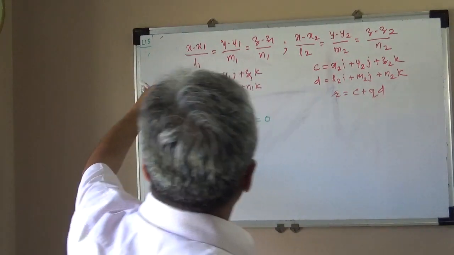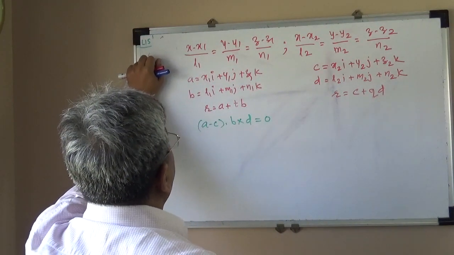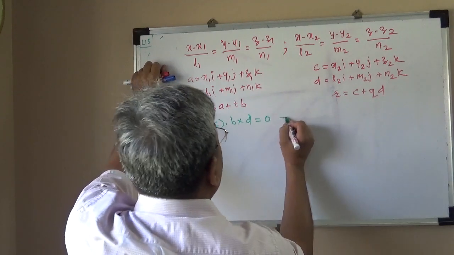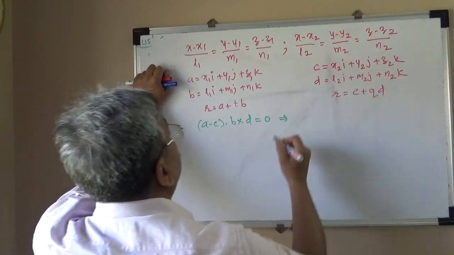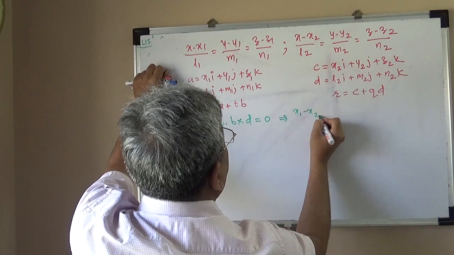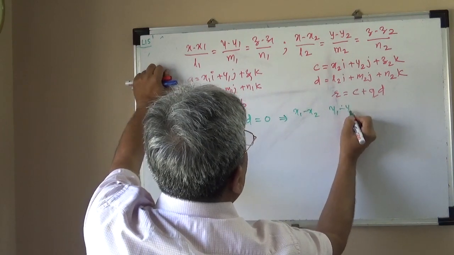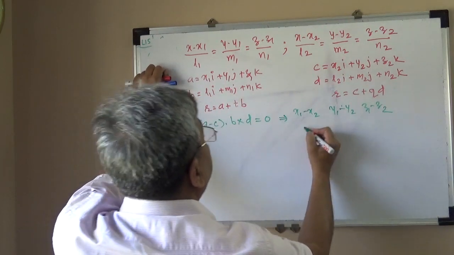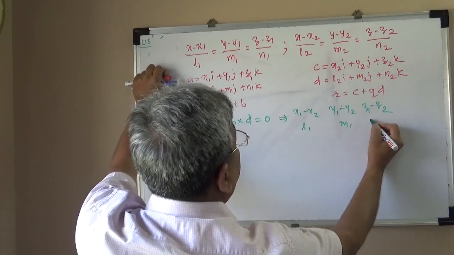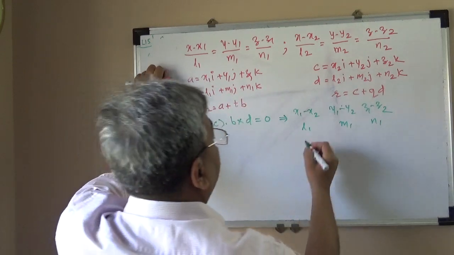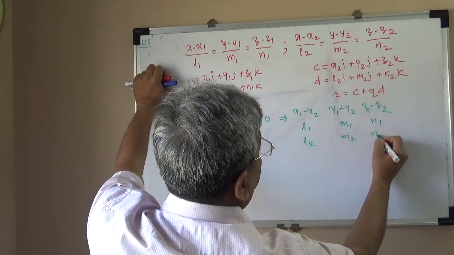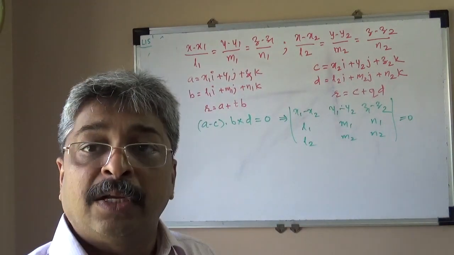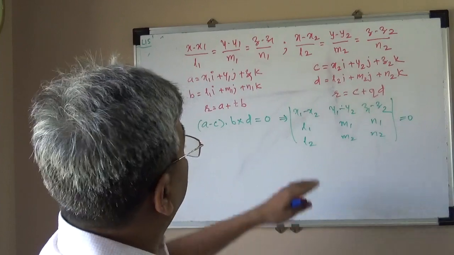So if we want to exploit this condition, then what do we write? The corresponding 3D equation will be the determinant with rows x1 minus x2, y1 minus y2, z1 minus z2; l1, m1, n1; and l2, m2, n2. This is supposed to be equal to 0.